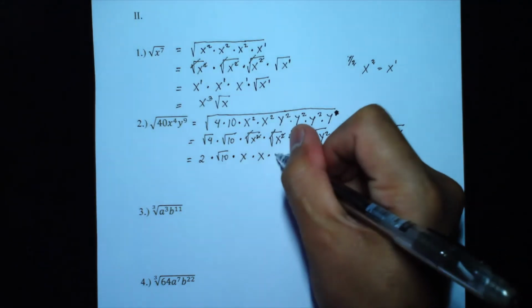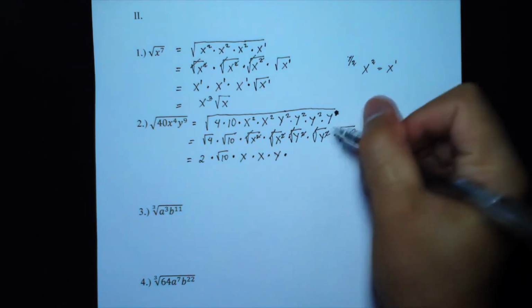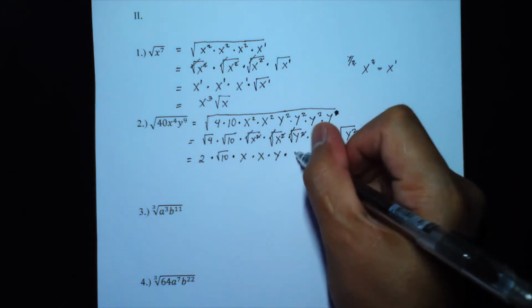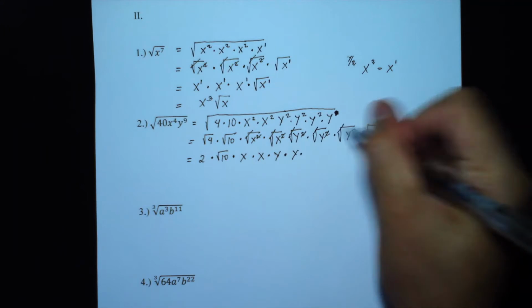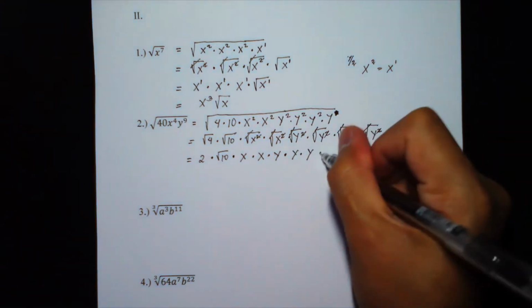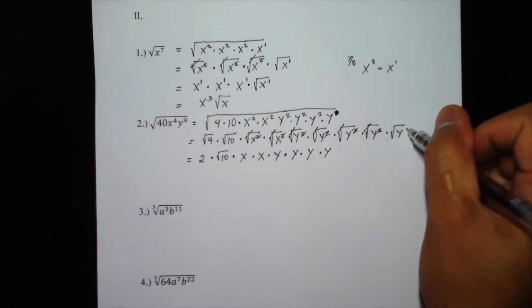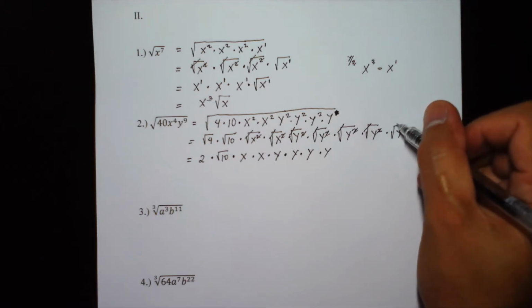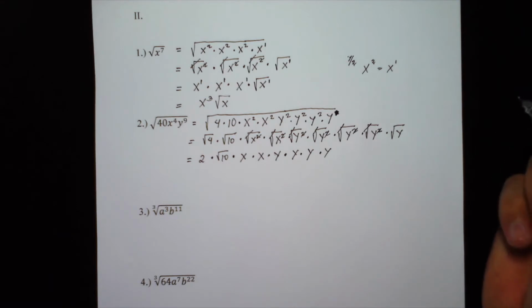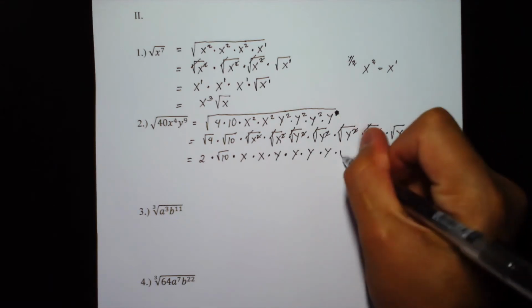This will be y, cancel this one. So that will be y, cancel y, cancel y. And since y raised to 1 cannot be removed from the radical, it still remains the square root of y.